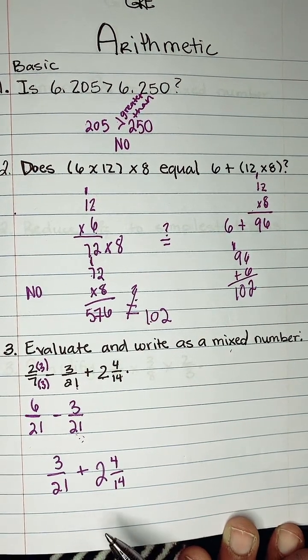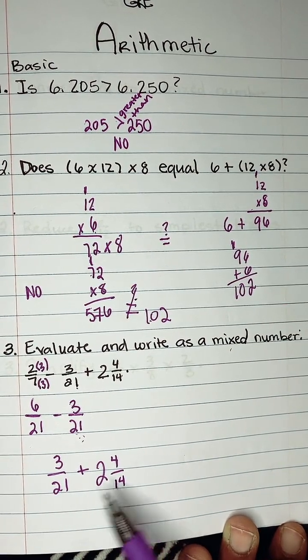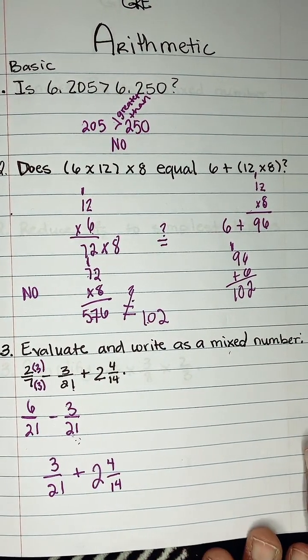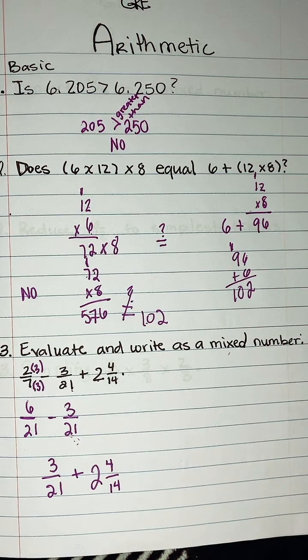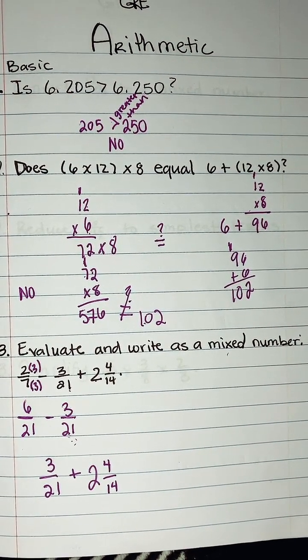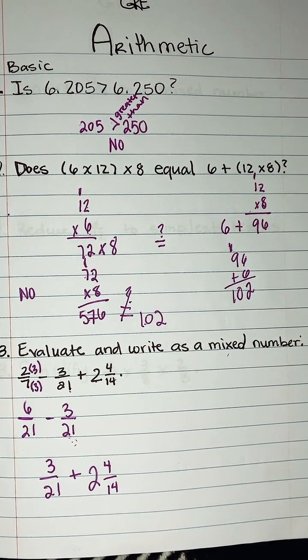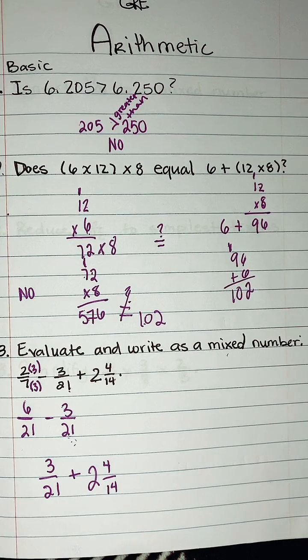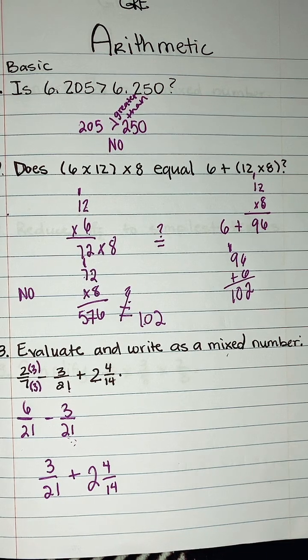Can anybody tell me in the chat what 21 and 14 both go into? 7, 7. Okay, so yes, you guys are saying the greatest common factor, but what we need is the LCD.